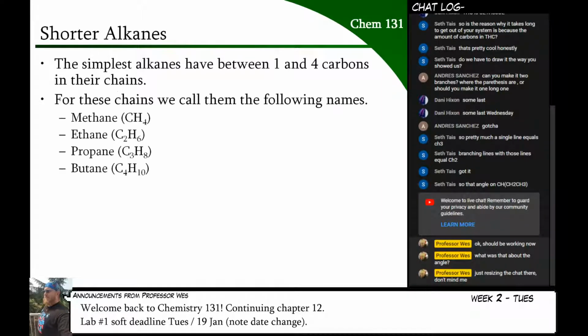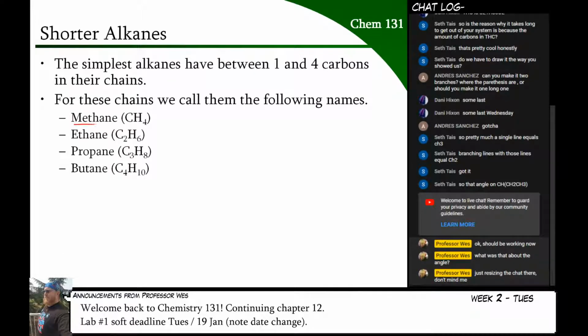We're going to name the first 4 with these names because that's just what we've chosen. These do not correspond to a number like hexane and pentane and so on do. Beyond these, we have just established this as our truth.